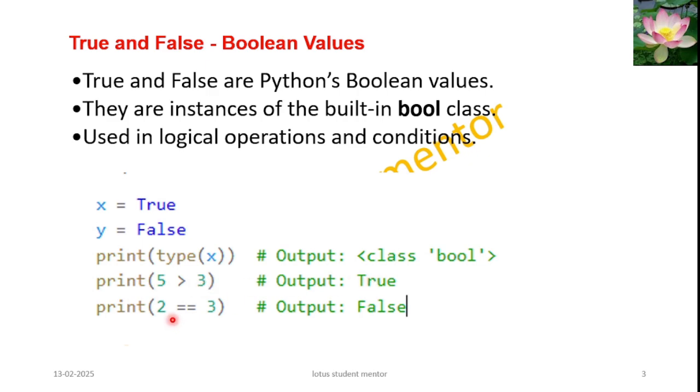If you write 2 double equal to 3, where double equal to means comparing for equality, then what will be printed? Python takes a Boolean decision. It is False, so the output becomes False.